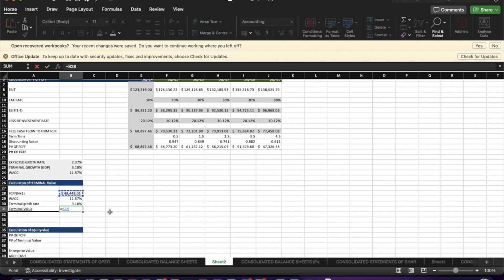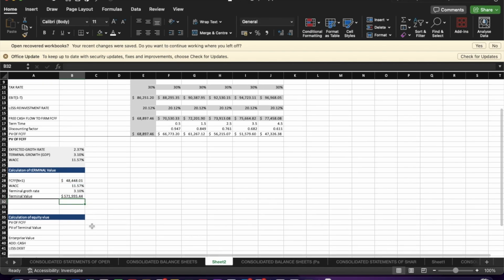I've already explained all of them on my Microsoft slide at the beginning of the video, that we have to get the terminal value, the present value of the terminal value, and the cash flow present value as well.